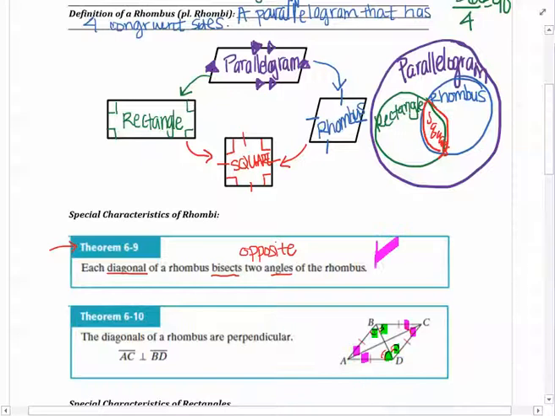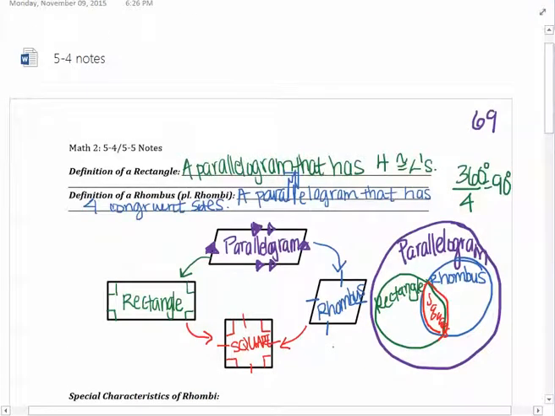So that's what this one says. The diagonals bisect the angles. They also are perpendicular. So when they come together, they should be a right angle right there. So those are special characteristics of a rhombus, besides the characteristic that we learned in the definition.